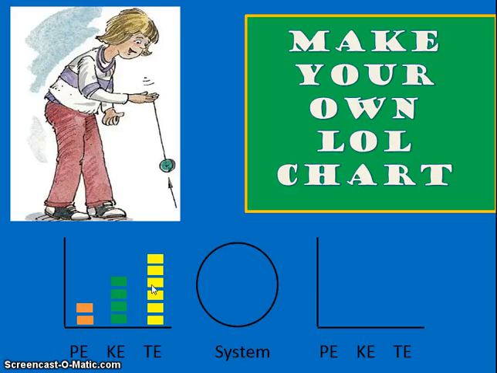She has just pulled this yo-yo. That's work, all right? That's work going into the system. So I say that's 2 units of work going into the system. There's also going to be some friction between the string and the yo-yo itself, so I say that's maybe a unit of heat going out. That's going to result for me in, let's see, 1, 2, 3, 4, 5 units of potential energy, because then the yo-yo is going to be all the way at the top.